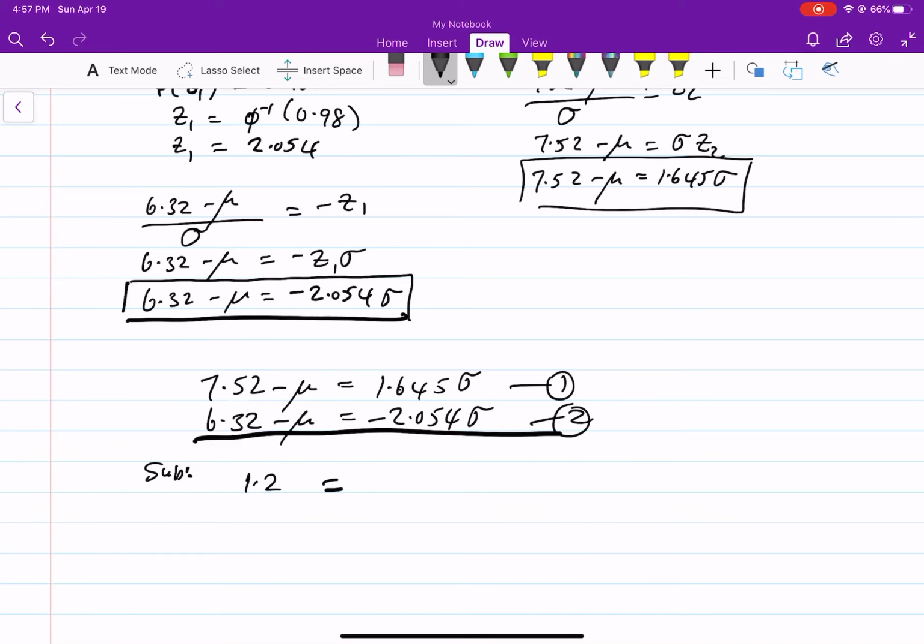So this is 1.645 plus 2.054. And therefore sigma would be 1.2 divided by 3.699, which is 0.324.